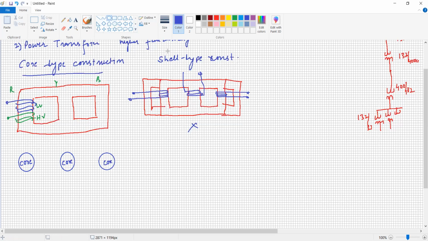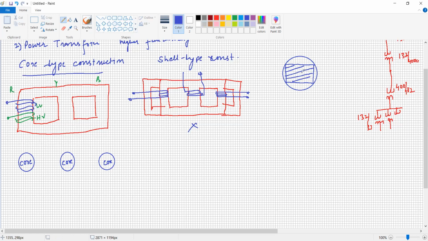Already we have covered this topic. Say again, this is the bobbin of winding. Now the core may be rectangular, or it may be a cruciform core, that is a stepped core. Say this is the core, iron material is there, and it indicates that this is the laminated core.